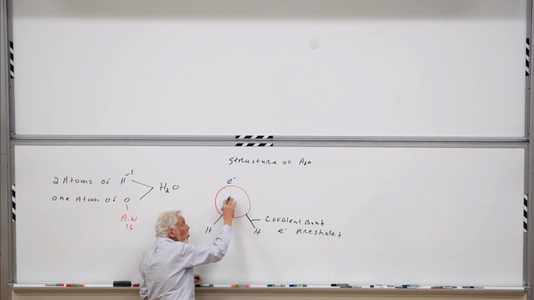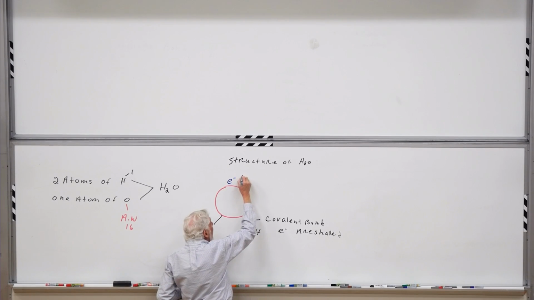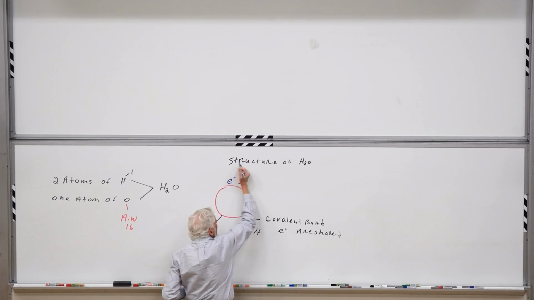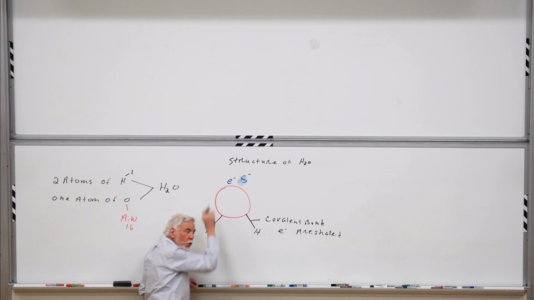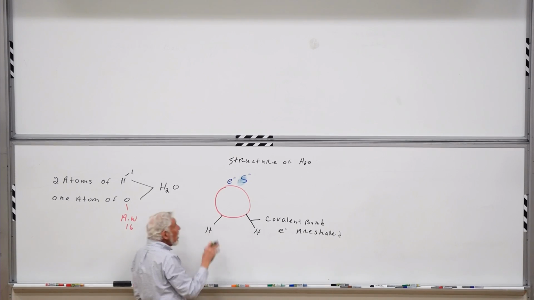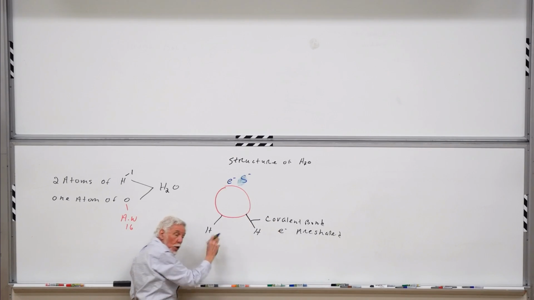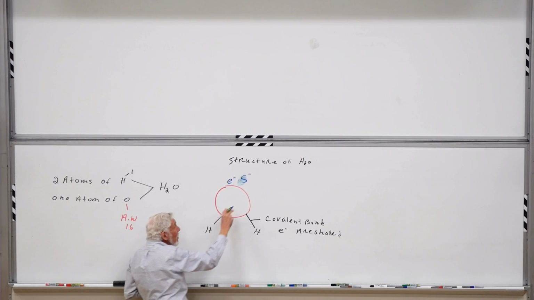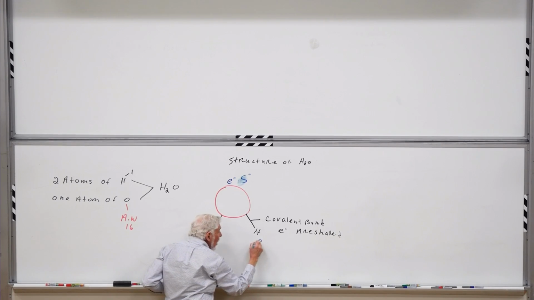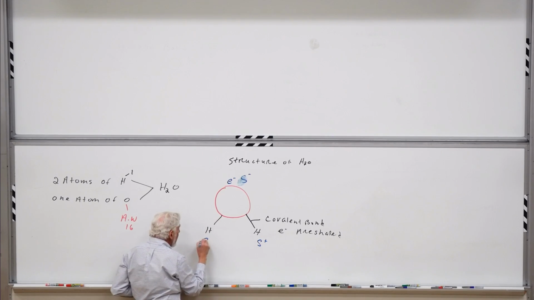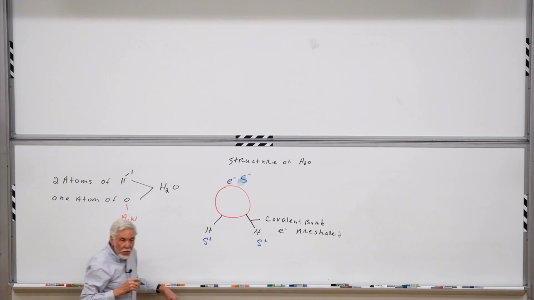Because the electrons are spending more time around the oxygen, this gives the end of the molecule what we call a delta negative, a partial negative charge. Because the total charge on the molecule has to be neutral, that means this excess of negative charge out here leaves a partial positive charge on the hydrogens.